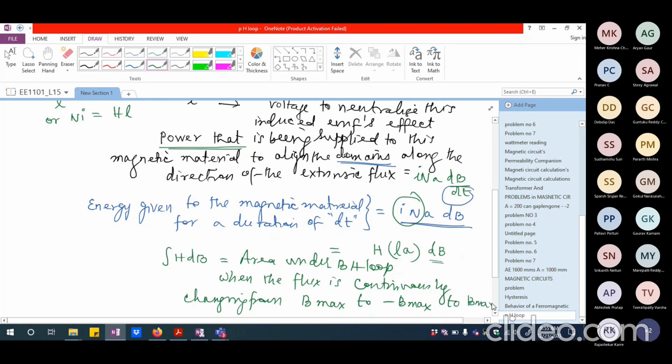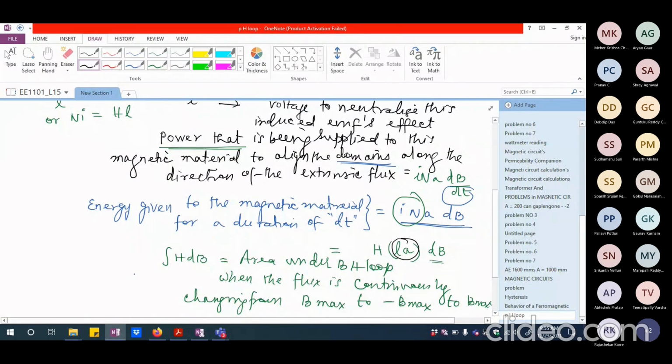This is one complete cycle. So this is going to be the energy that is given to the magnetic material per unit volume. Please understand this L times A is actually the volume of the magnetic material itself.